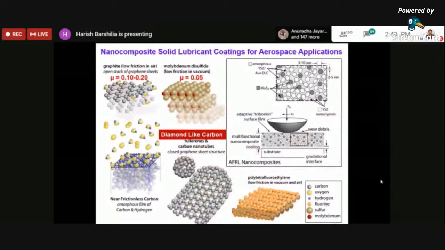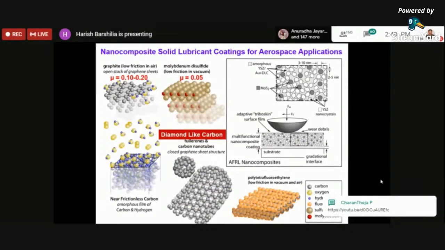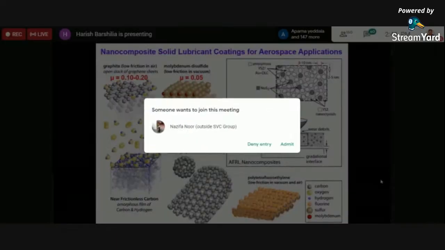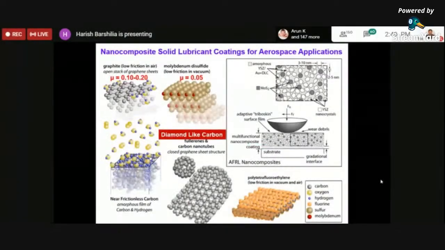The other aspect of the coating which you use in the aerospace application is the solid lubricant. In mechanical engineering, all of you use lubricants like some sort of grease, sometimes you use oil. These materials cannot be used for high temperature applications or for satellite applications.